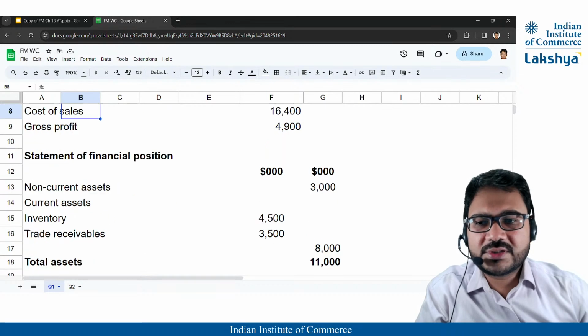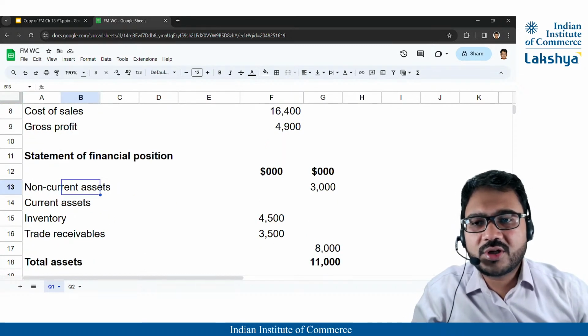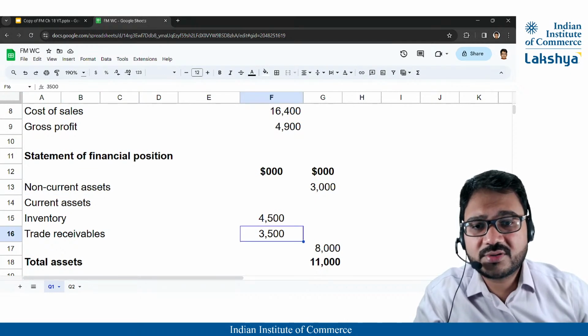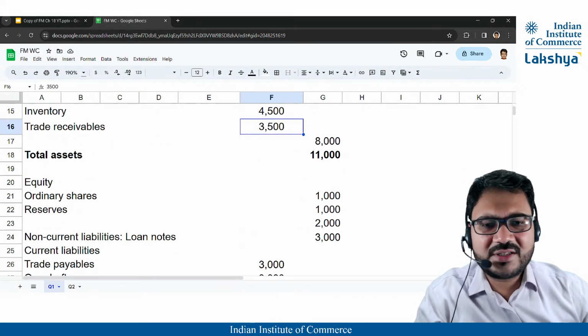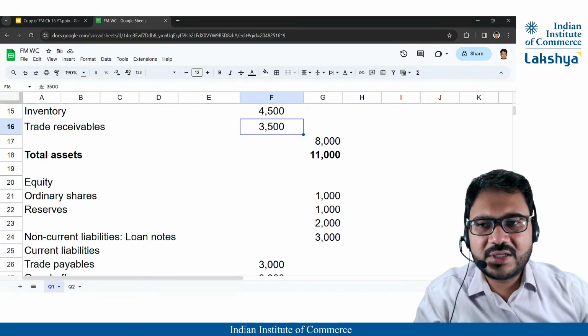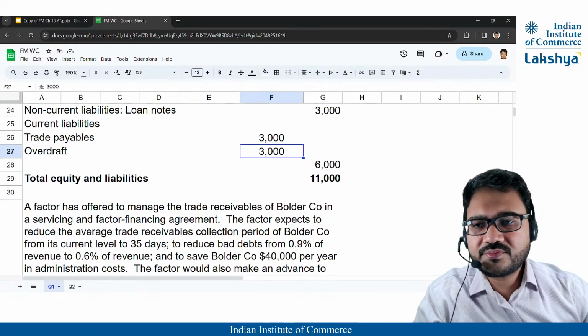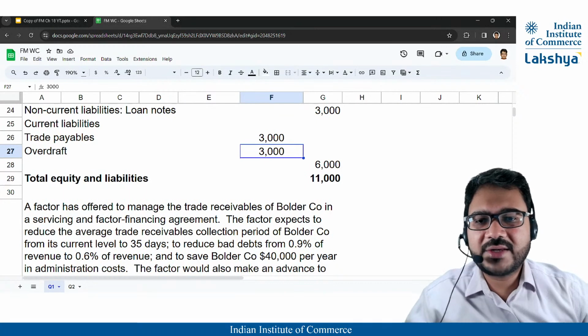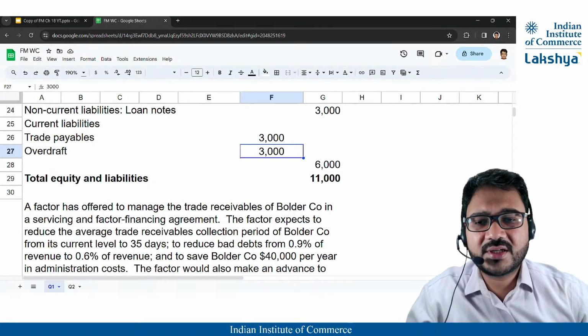Then we have our current assets, non-current assets, inventory, trade receivables. We need receivables; this is important for us. Equity, shares, all that we don't really need. Even non-current assets we don't really need. Overdraft, probably. A factor has offered to manage the trade receivables of Boulder Company in a servicing and factor financing agreement.